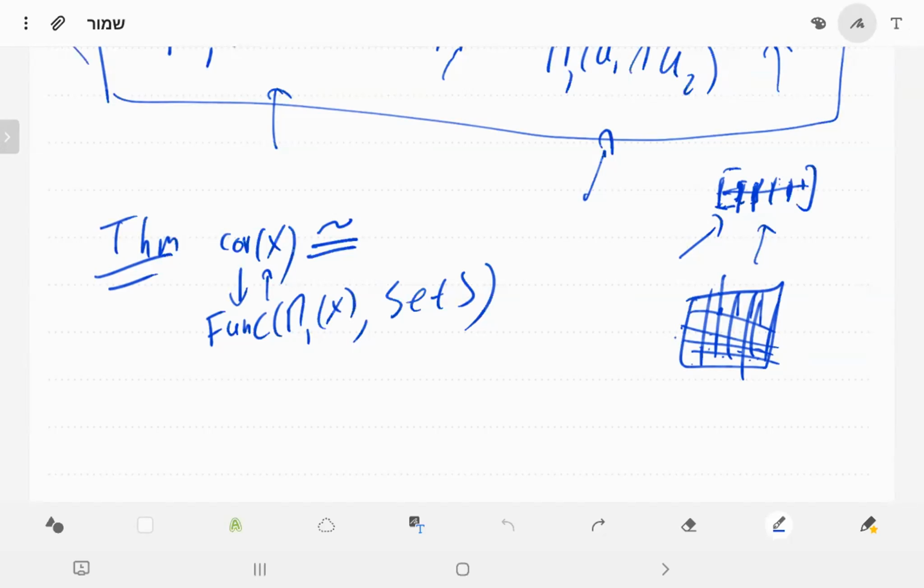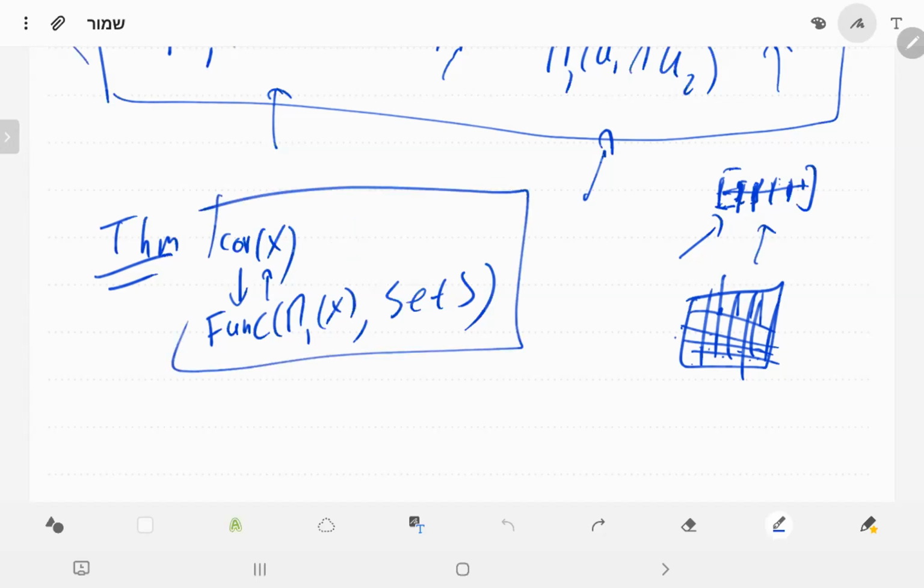But okay, so the actual construction is what is actually important. Maybe I can say what I want from the actual construction, but the homotopy lifting theorem, together with the existence of universal covering, gives you equivalence between those two categories. So let me describe this down arrow. For each point in X, you have a covering, and you want to construct a functor from pi1.